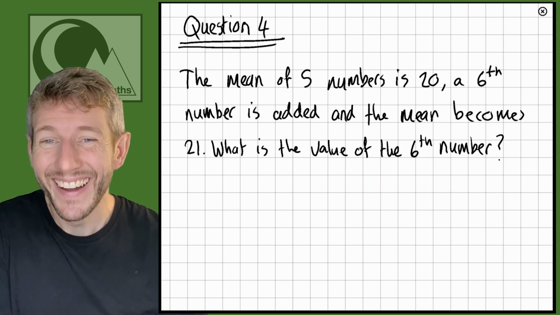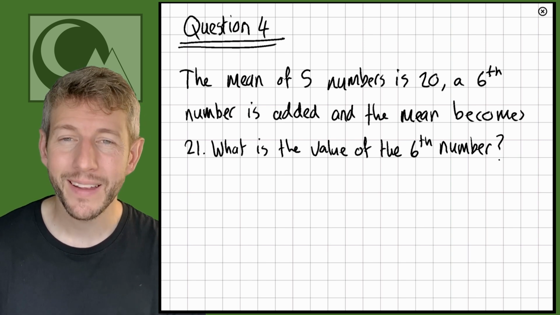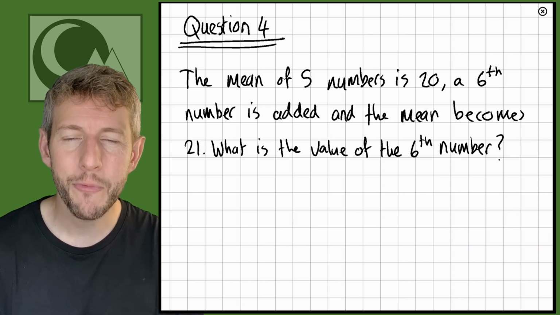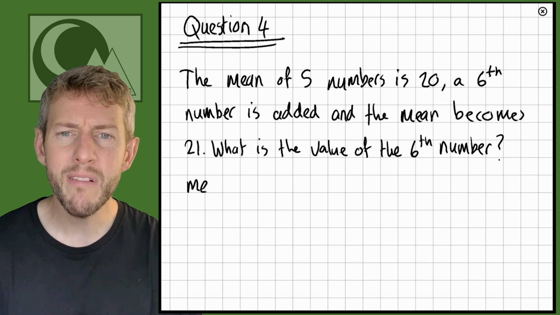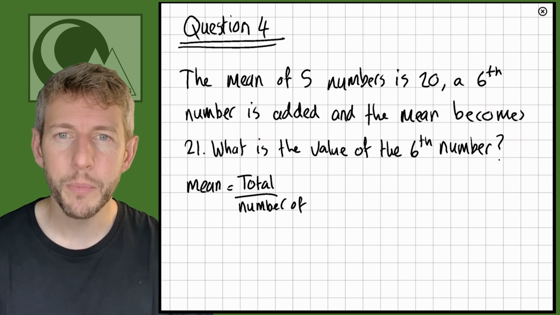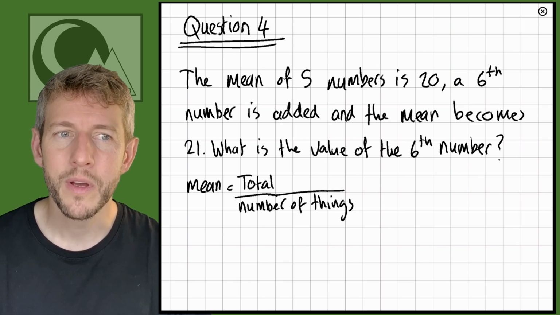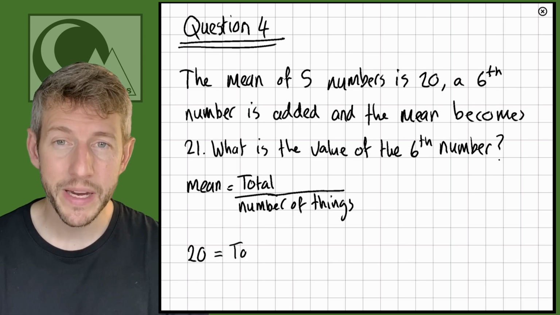Okay, right. So all of a sudden, this question looks a lot harder, but it's not that hard if we can do those first two bits. So what we need to know is we remember that the mean equals everything added together divided by the number of things. So therefore, we know that for the first five numbers, the mean is 20.